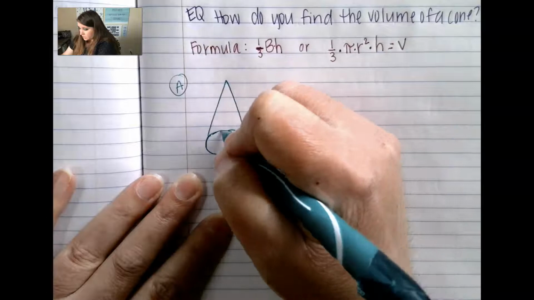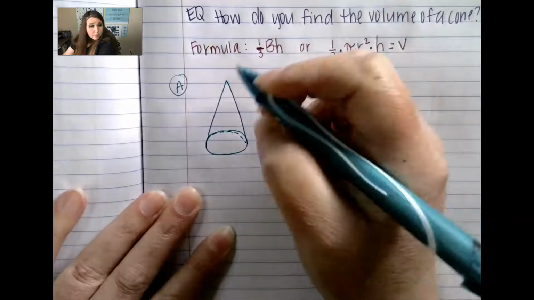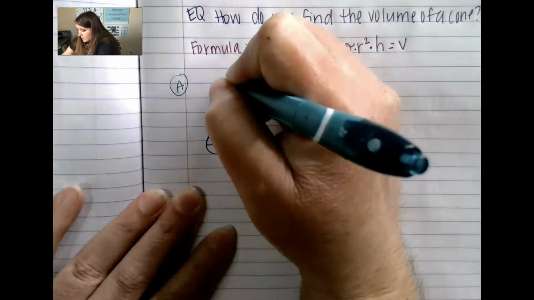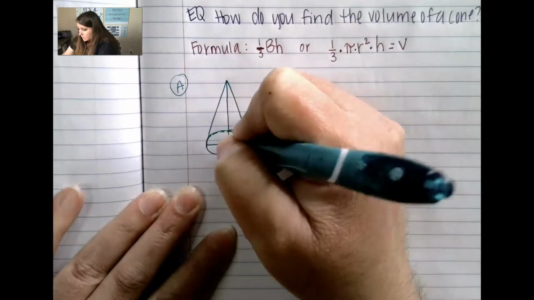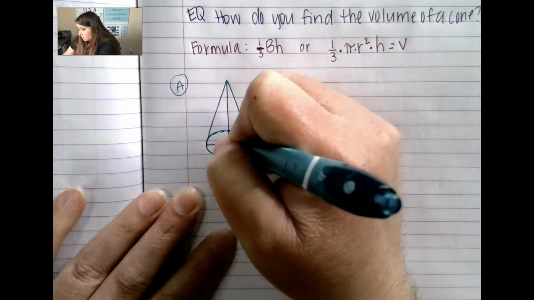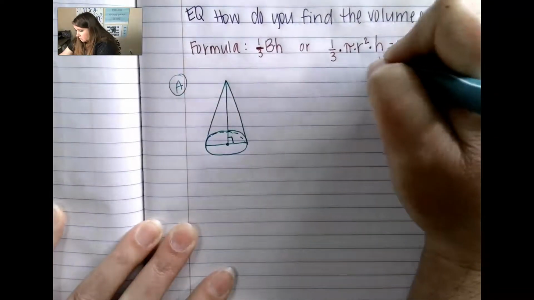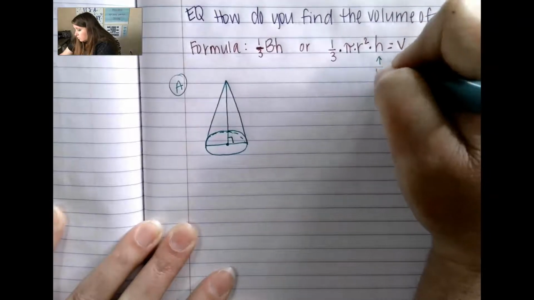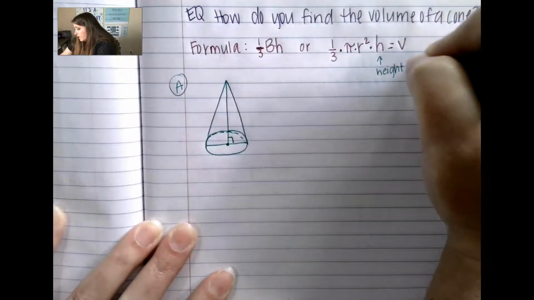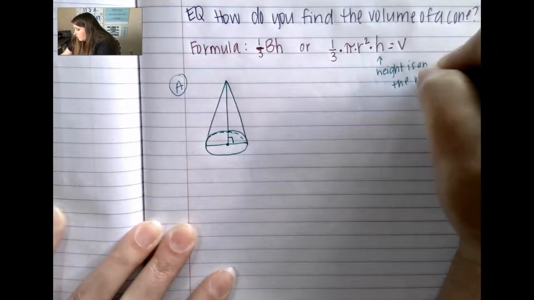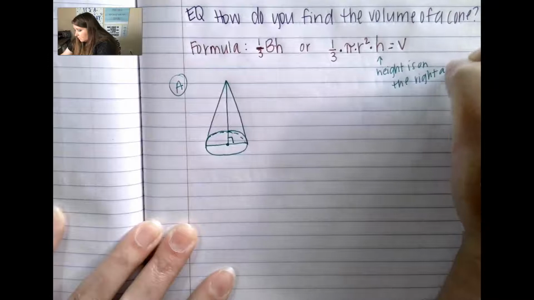This should be dashed. There we go. And then through the middle, again, we have our diameter. And then, like normal triangles, we're going to have a right angle. And remember that the height is going to be on our right angle. Just like before when we looked at triangles, the height is on the right angle.